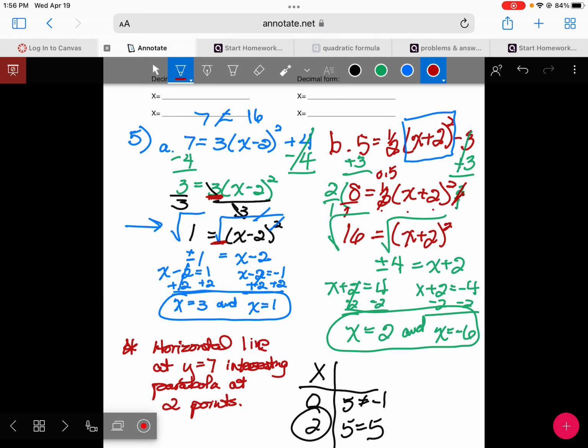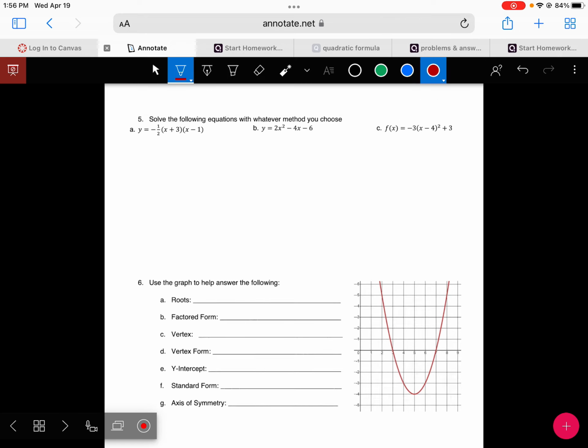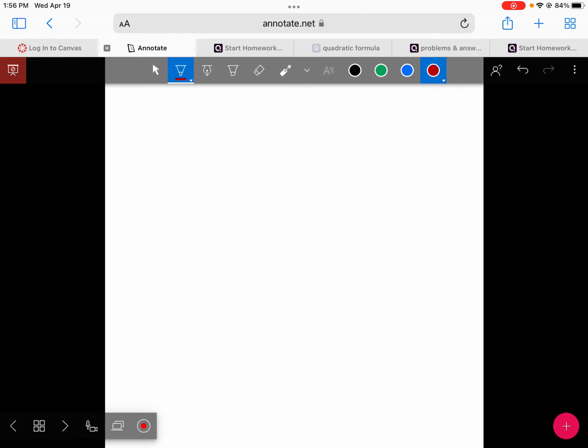6A. Okay, let's see if my 6A. Solve the following equations with whatever method. So it's not that one. So mine looks like it's, gosh, it's not even the same. What did she do? Okay, let me look.